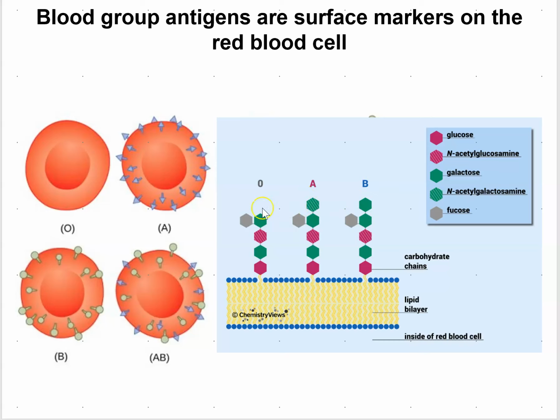Type O blood has neither N-acetylglucosamine nor galactose on the surface, so that makes type O different from type A and type B blood. The presence of different antigens on the surface makes the blood groups really different.